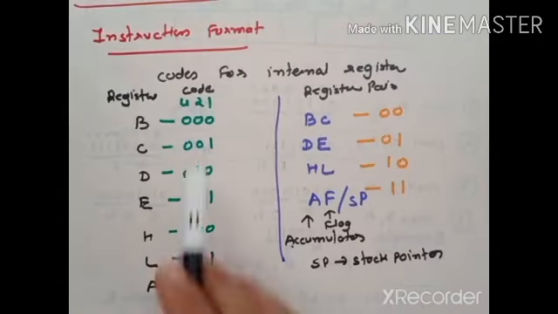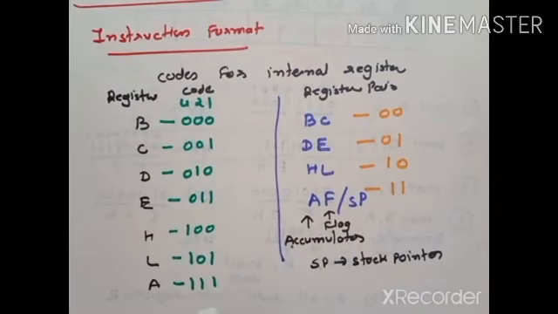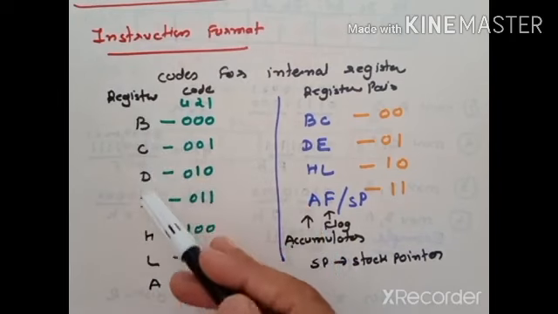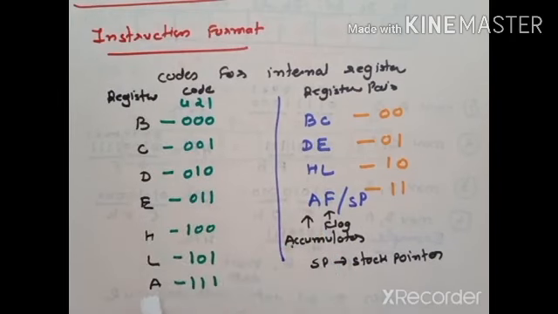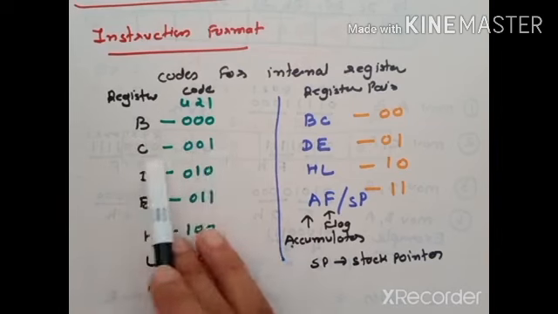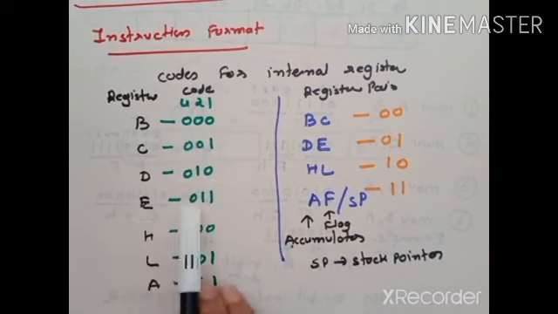Next topic is instruction format. In instructions, these registers are always used: B, C, D, E, H, L, and A. The equivalent codes for these registers are: B 000, C 001, D 010, E 011, H 100, L 101, and A 111.